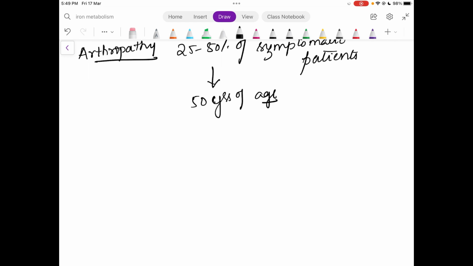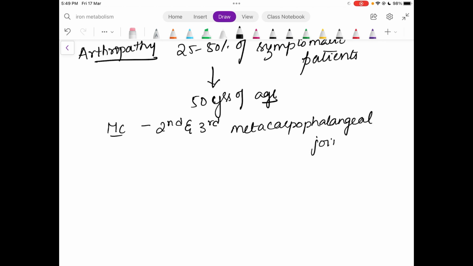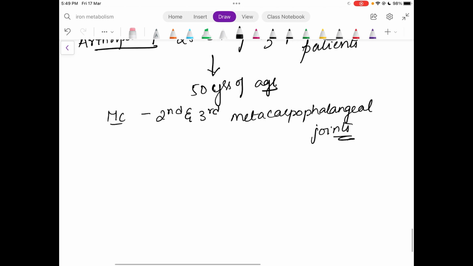Next, which joints are most commonly affected? Most commonly affected joints are the second and third metacarpophalangeal joints.